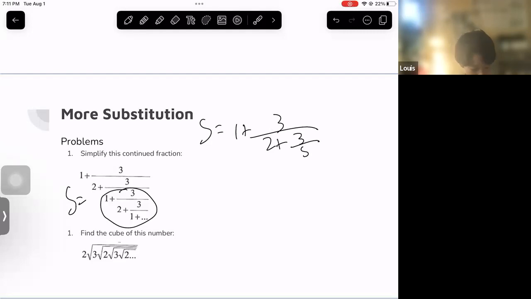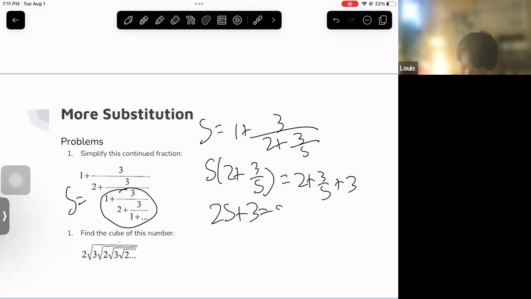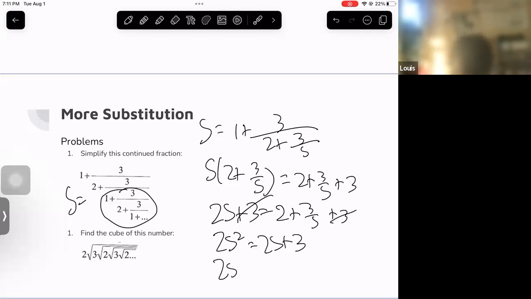And then S times (2 plus 3 over S) equals 2 plus 3 over S plus 3. So 2S plus 3 equals 2 plus 3 over S plus 3. These two cancel. And we have 2S squared equals 2S plus 3. So 2S squared minus 2S minus 3 equals 0.